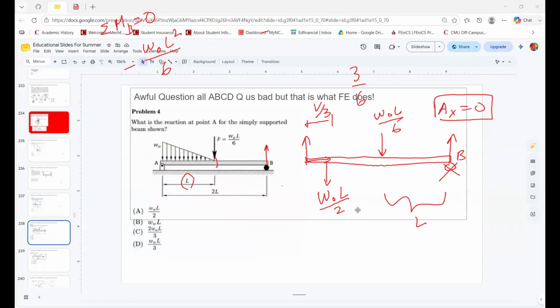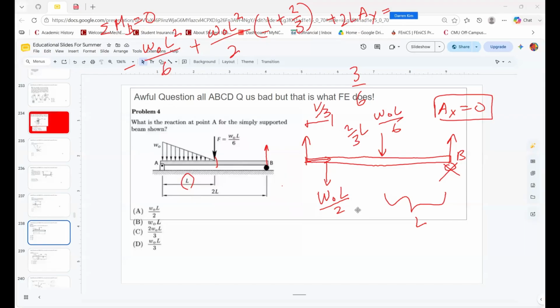Okay, anyways, over here we have 1 divided by 3, but this is also 2 divided by 3 L. So it is basically saying, and then this is the positive direction, so plus WO L squared because of the L divided by 2, parentheses 1 plus 2 divided by 3, right? Yeah, L plus 2 divided by 3, yes. And then plus 2L multiplied by AY, right?